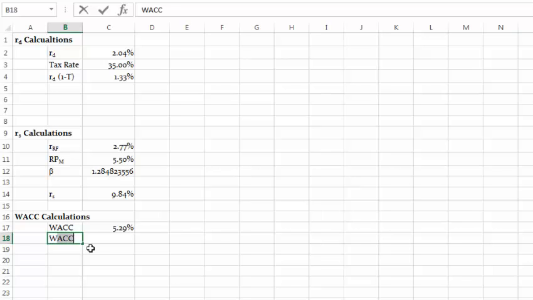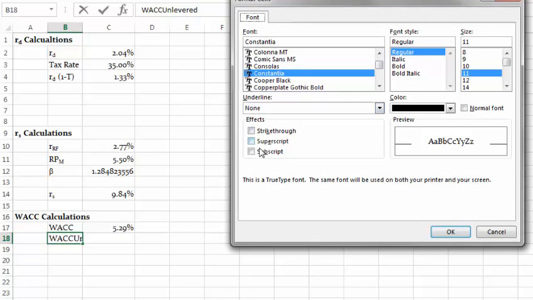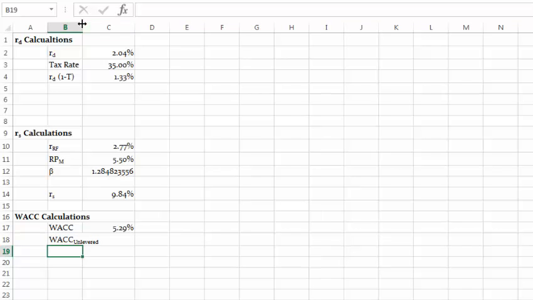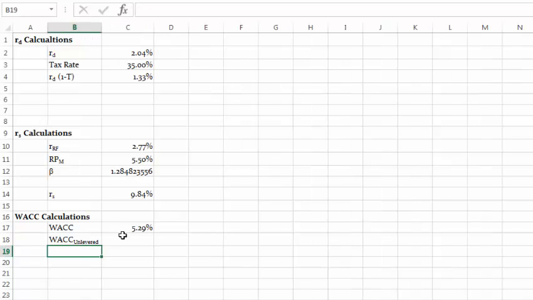Weighted average cost of capital, and I'm going to put in here unlevered. By that I mean what happens if they pay off all their debt. I always have people say, this company would be doing a lot better if they would just pay off all their debt. And I'm going, no, actually not.